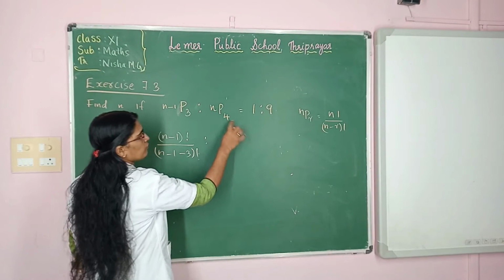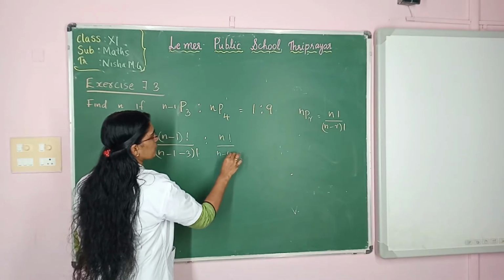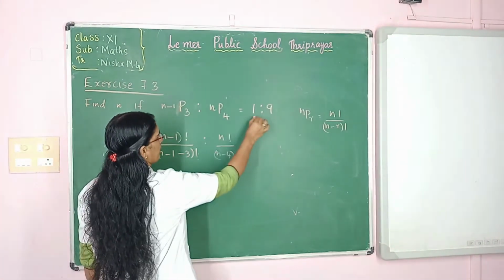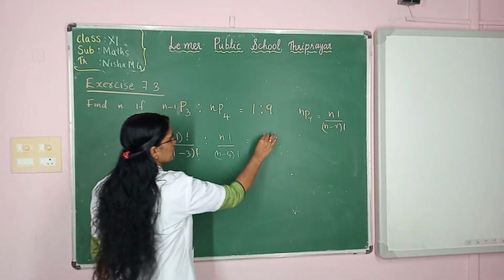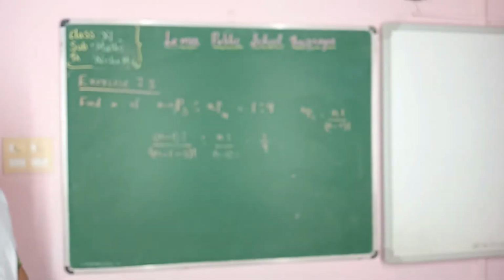Ratio nP4, how to expand? n factorial by (n minus 4) factorial. This is equal to 1 ratio 9, which we write as the fraction 1 by 9. This is the condition given.